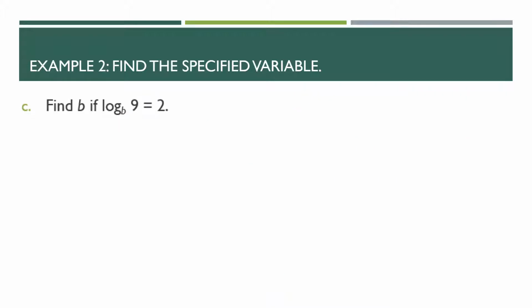And then our last part for this example, part C, says find B if log base B of 9 equals 2. Just like we did last time, we rewrite the definition.